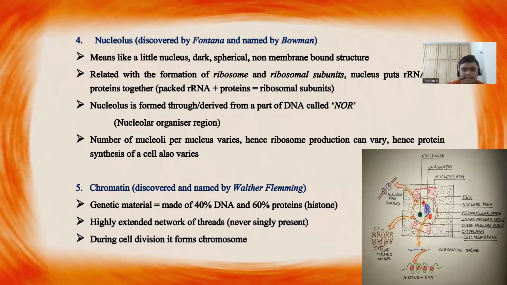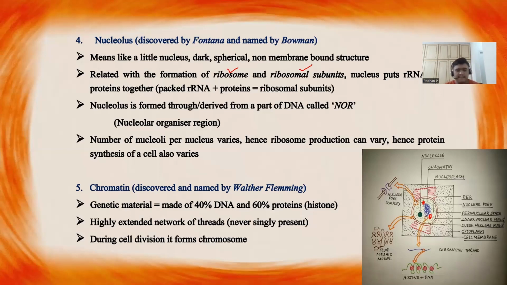I have written one sentence here: the number of nucleoli per nucleus varies, hence ribosome production can vary, hence the protein synthesis of a cell also varies. What do I mean? If a cell has many nucleoli, obviously more ribosomes and ribosomal subunits are produced. If more ribosomes are produced, it means more protein synthesis, correct? So that is what I mean.